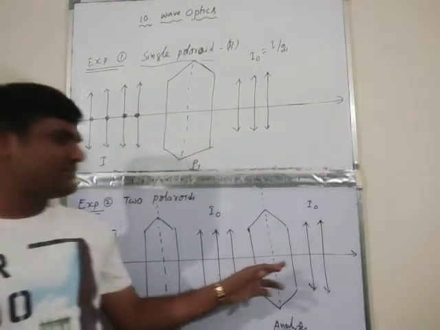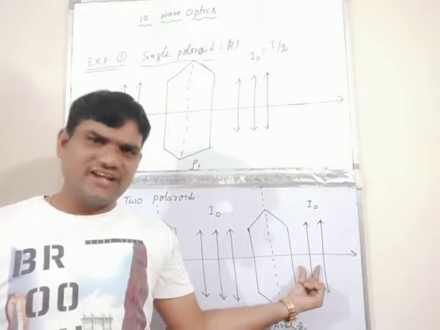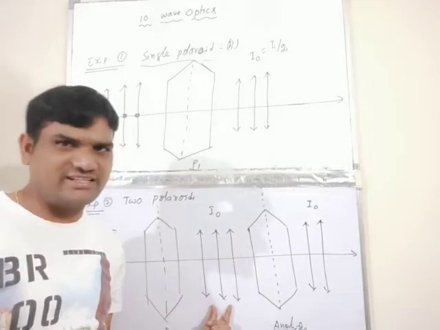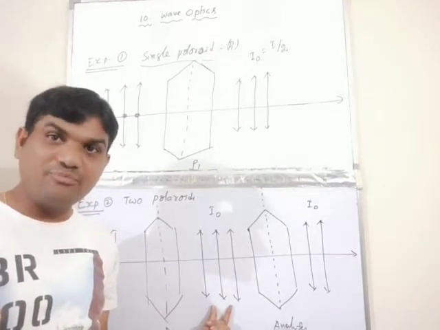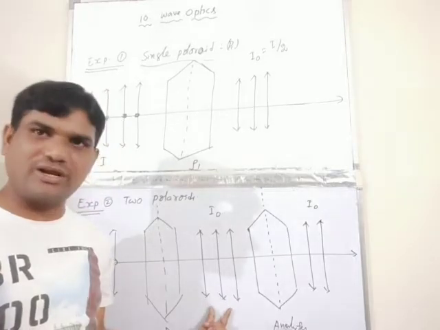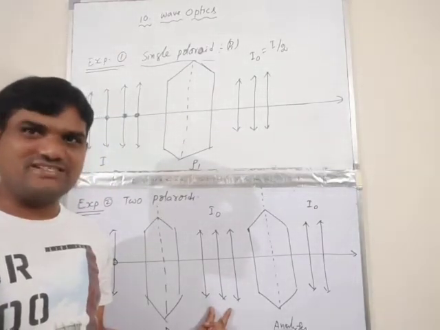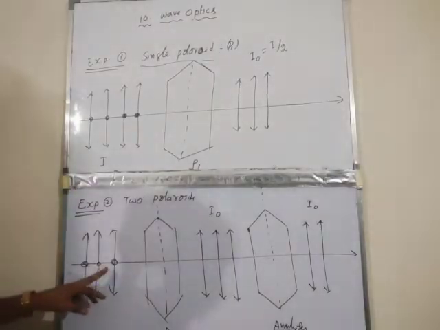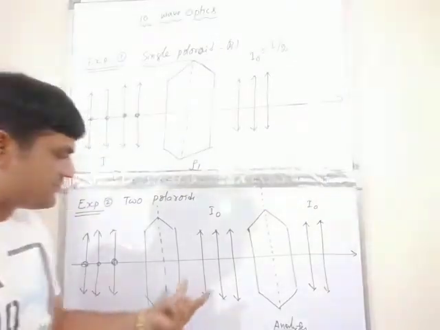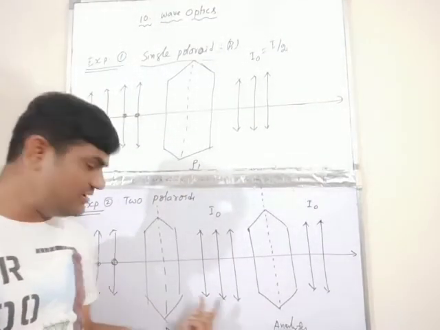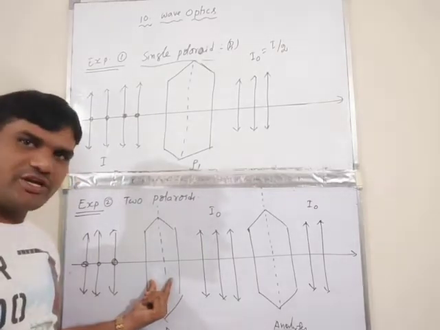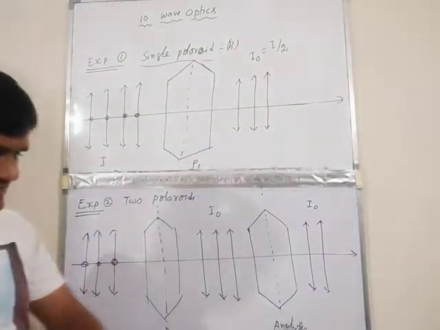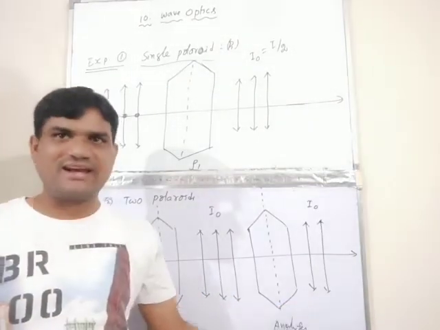If these rays have high intensity, it means they do not have any polarizing nature. But if these waves have comparatively less intensity, then we say these rays are polarized. That means with the help of the Polaroid we got polarized light, and we can say so with the help of this analyzer.